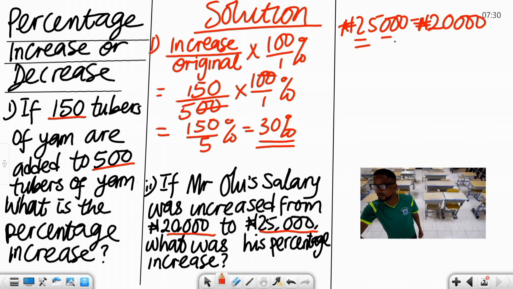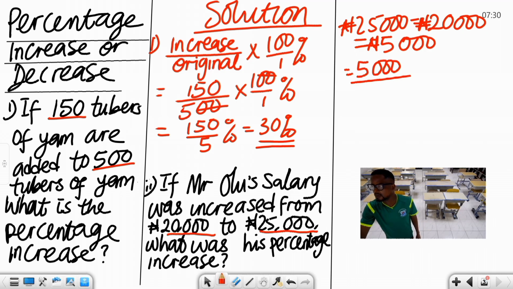So the answer is going to give us 5,000 naira. So that's the actual increase.